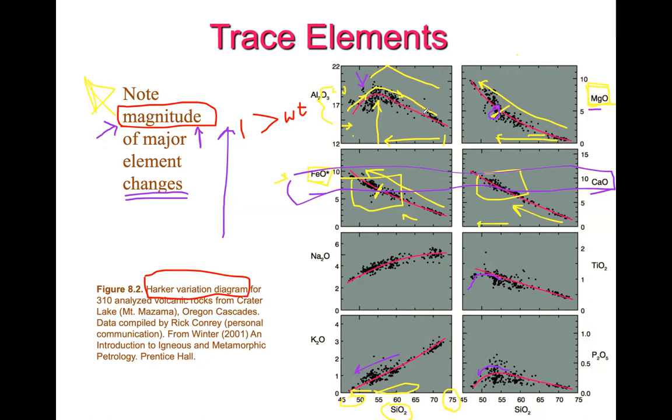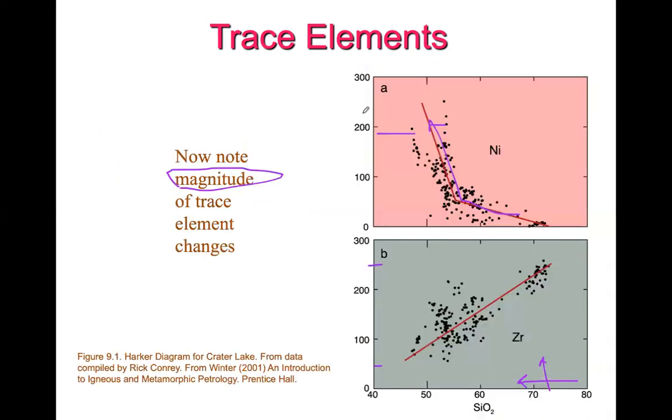So if you had only a few tens of such analyses, then even aluminum will not reflect this curved behavior. But definitely trace elements will show you, even if you analyzed less than 100, a little number of analyses.